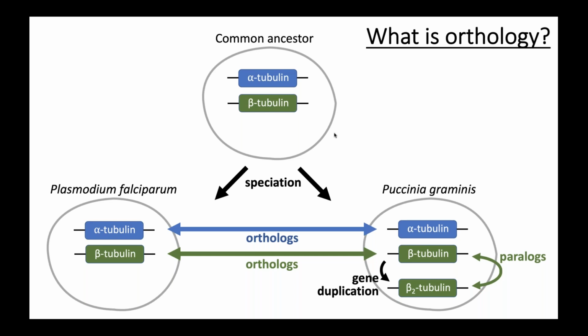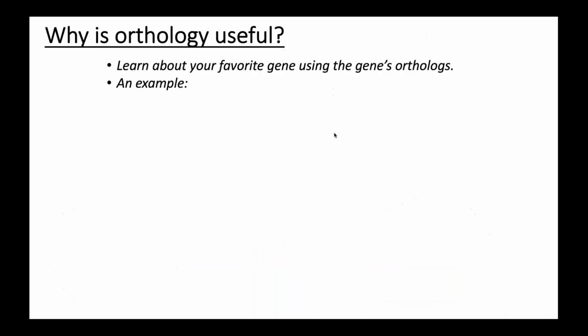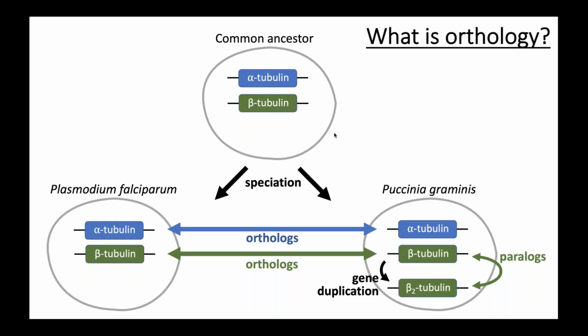This is a gene duplication within the species of Puccinia. And that's what a paralog is. It's formed by gene duplication, and it's usually only present in one of the species that you're investigating. Okay, so we have orthologs and we have paralogs, and those are the relationships, and that's how those relationships are formed.